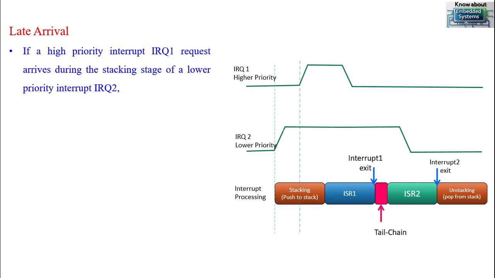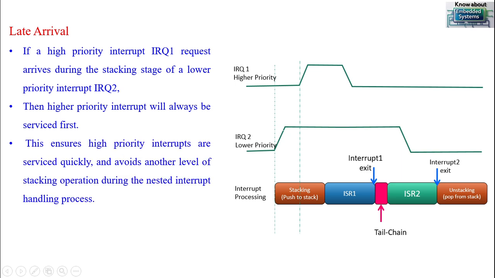So the same thing we have kept in the explanation here, you can see. What will happen if the higher priority interrupt, that is the IRQ1 request, arrives during the stacking process of your first interrupt? IRQ1, which is the highest priority, will occur during the stacking process.